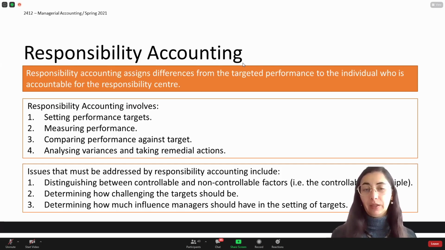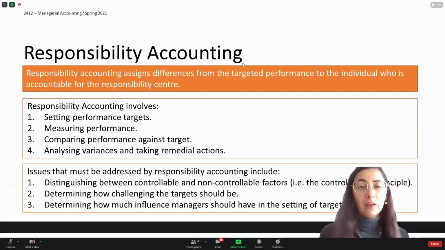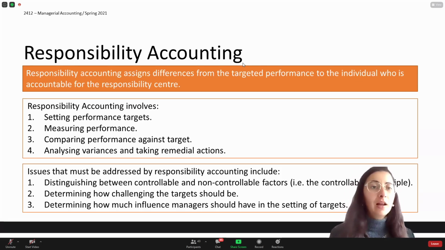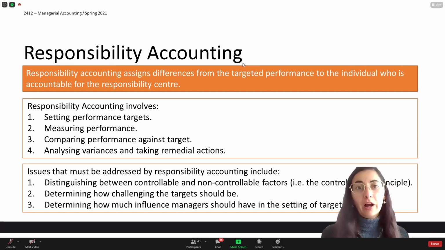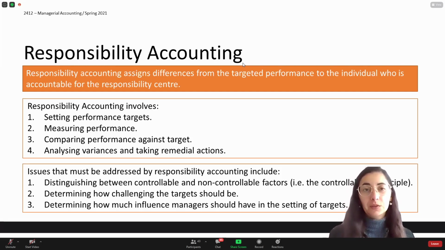This is important because, and we will talk more about this in the future, if managers set their own targets, as you can imagine, they will set targets that are easily achievable. So if they think, okay, we can make sales of 500,000, but just to make sure that I get my bonus at the end of the year, that everything goes well, let me put it at 400,000.